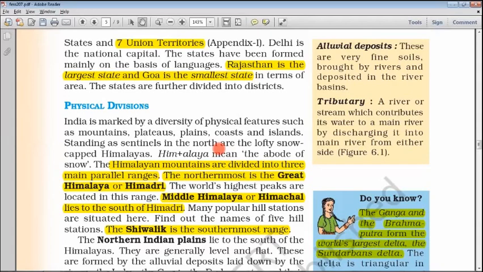The Himalayan mountains are further divided into three main parallel ranges. The northernmost is called the Great Himalaya or Himadri, and the world's highest peaks are located in this range.